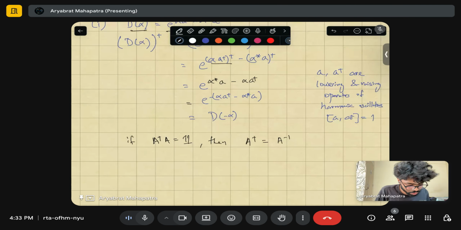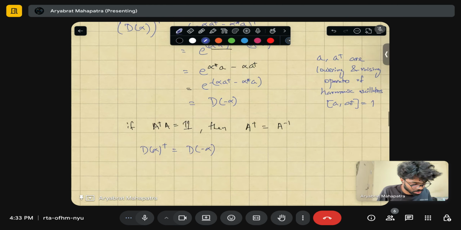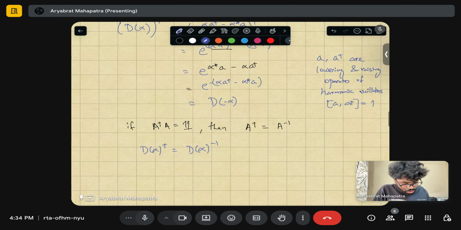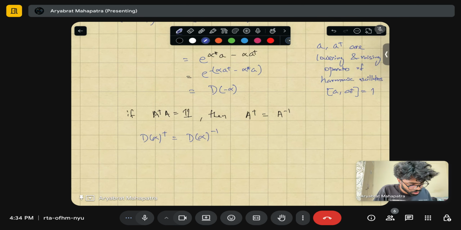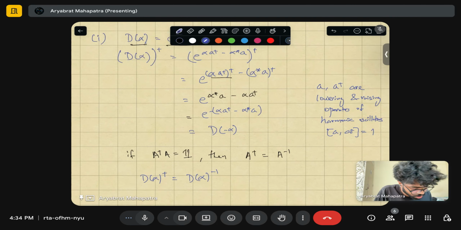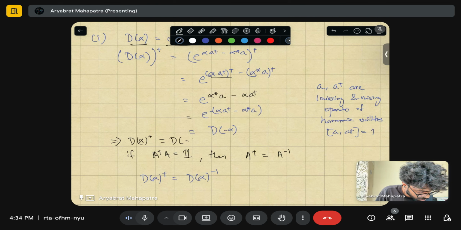So from here we found D of alpha dagger equal to D of minus alpha.